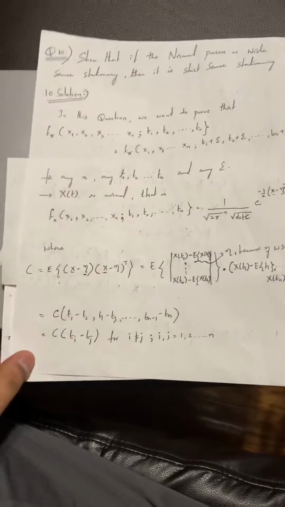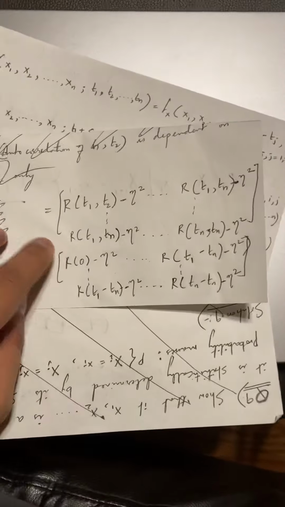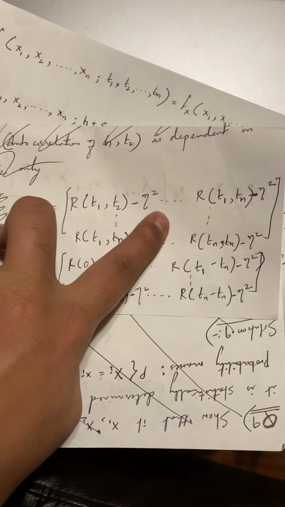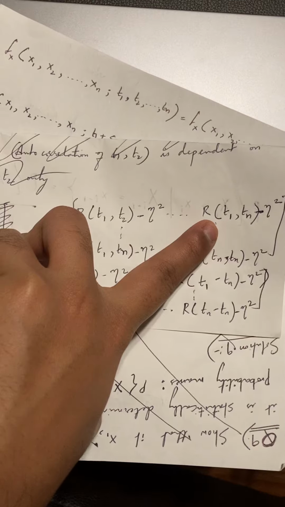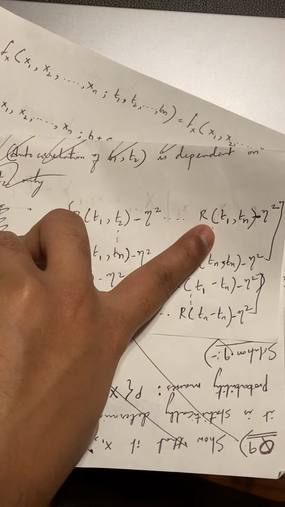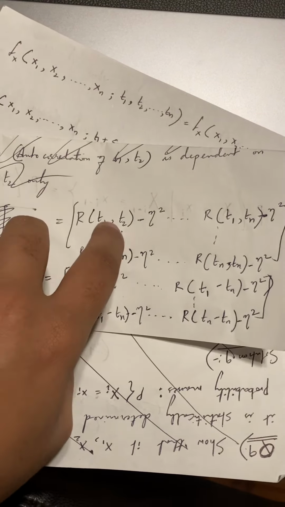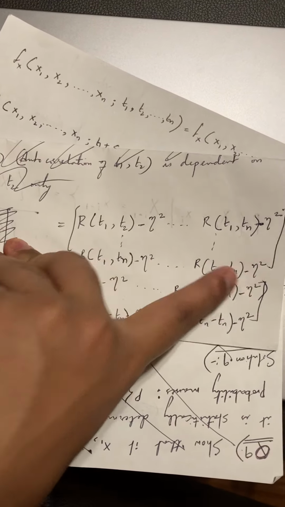So we can rewrite C in terms of autocorrelation as R(t1, t2) minus eta square, and so on up to R(t1, tn) minus eta square, till R(tn, tn) minus eta square.